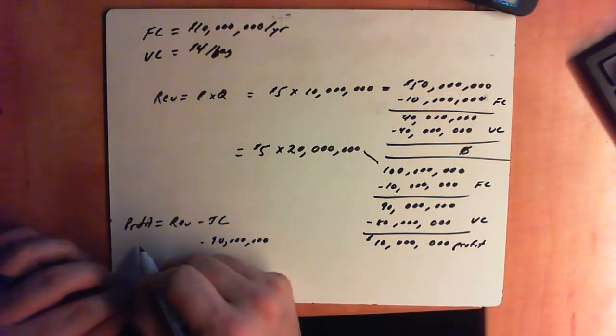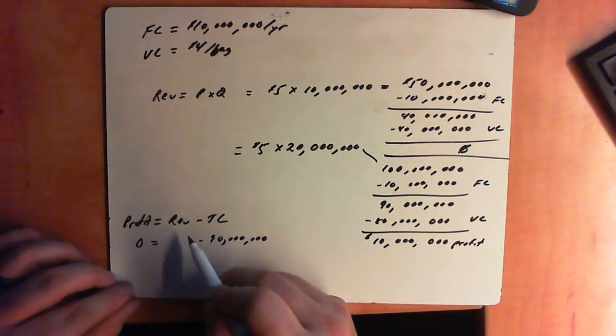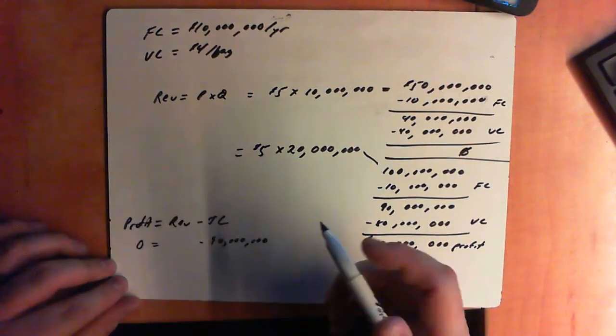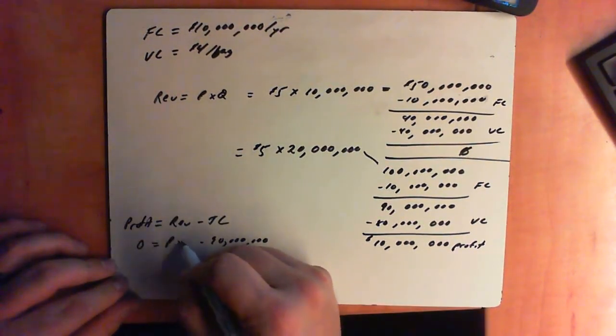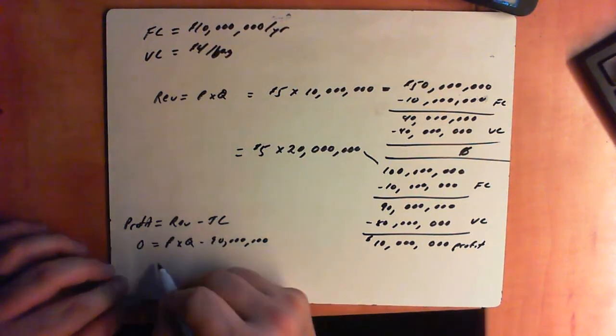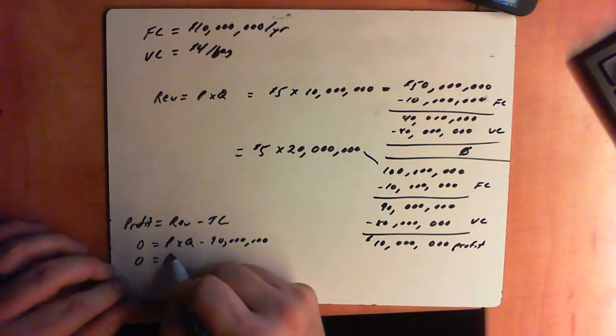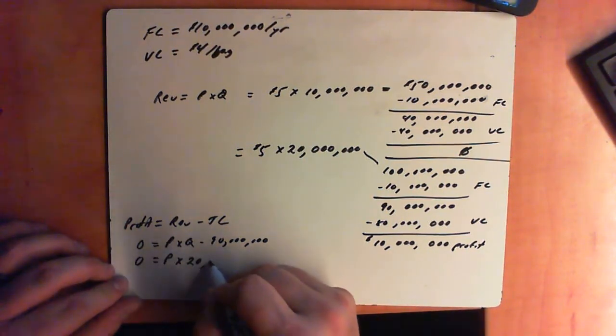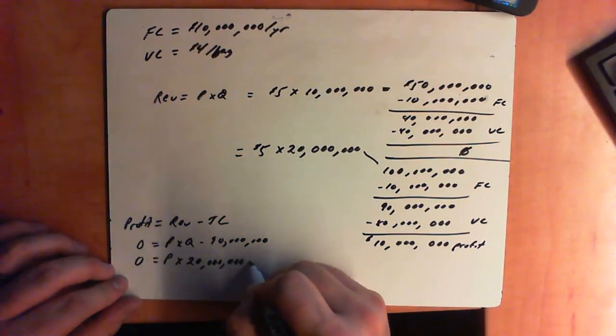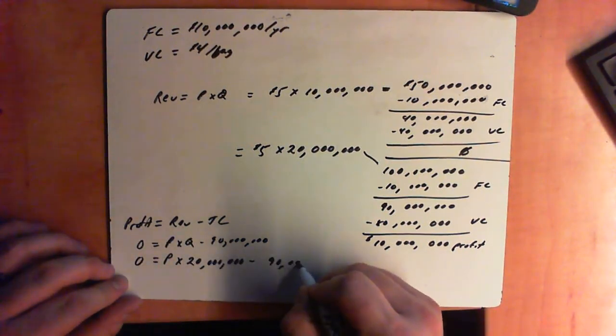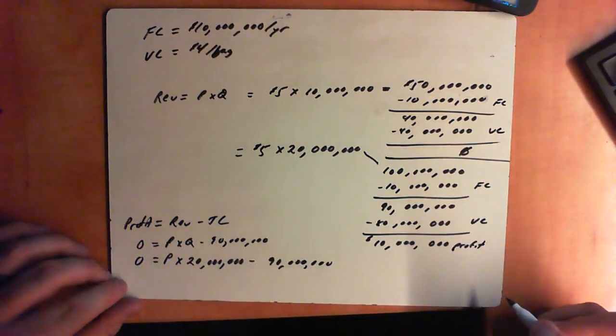Our revenue is simply price times quantity, where the price is what we're trying to figure out and the quantity is 20 million, minus the $90 million in total costs.